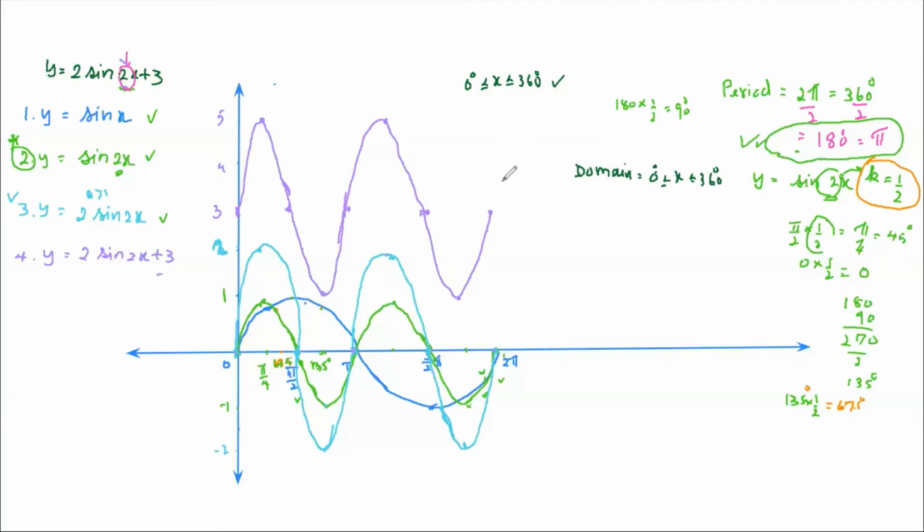Then if the question did not specify the value of x or the domain, you have to answer as equal to real numbers, right? I use a different color. If the question did not specify the domain, you have to answer your domain as real numbers. Or sometimes you can write it like this, negative infinity to infinity.